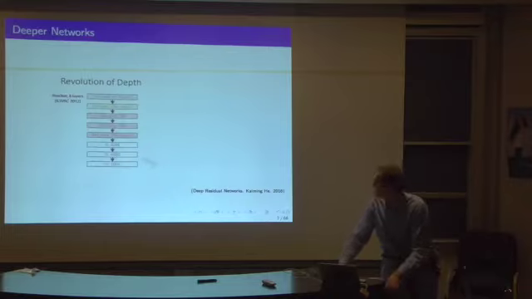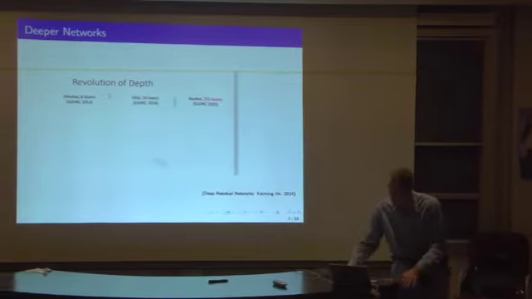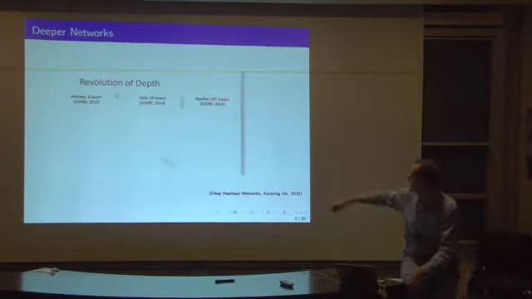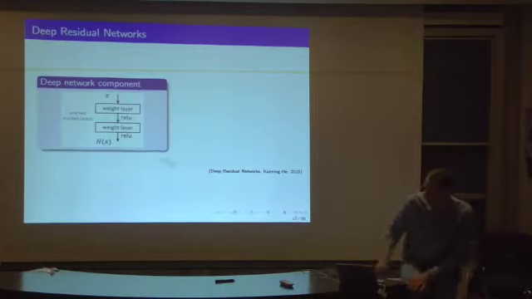This is a sequence of slides that is supposed to impress you with just how things changed over that period of time. These residual networks had 152 layers at this stage. People have considered even deeper networks. So what's going on here?